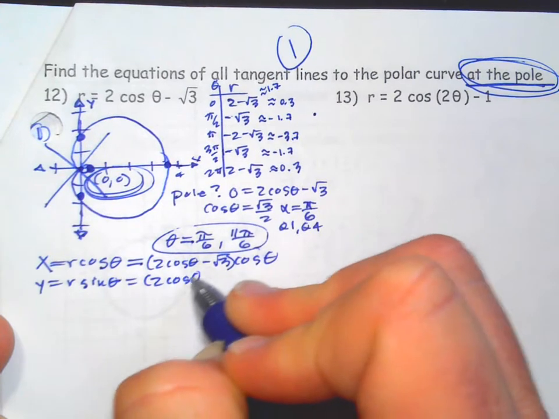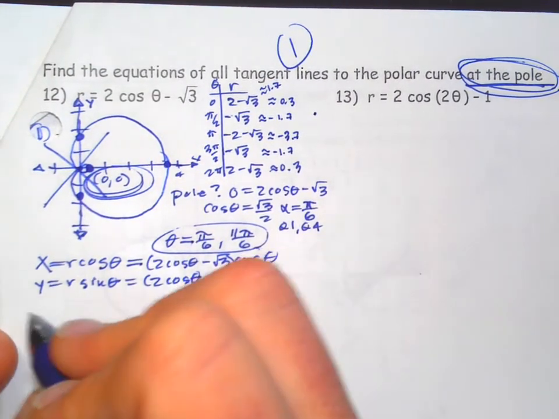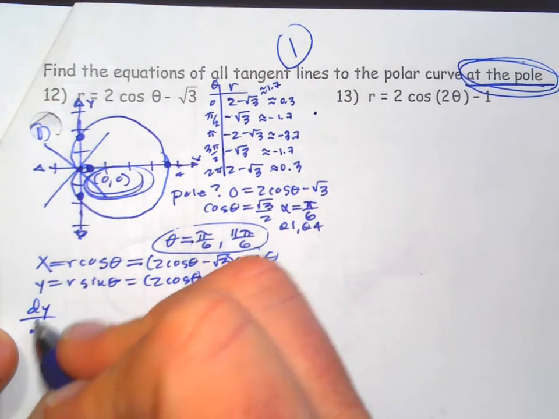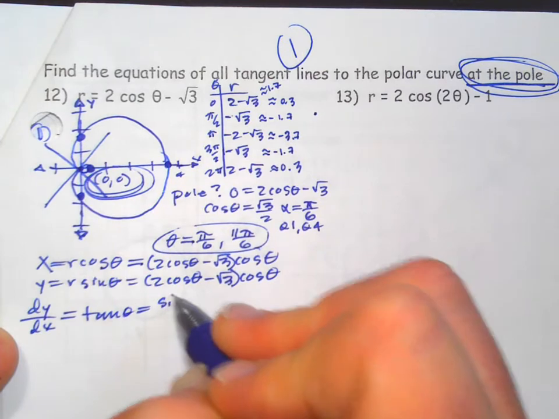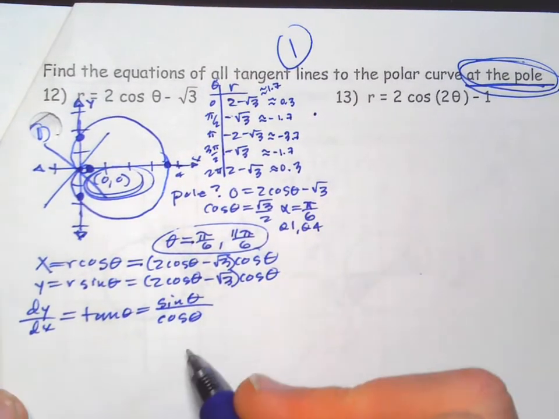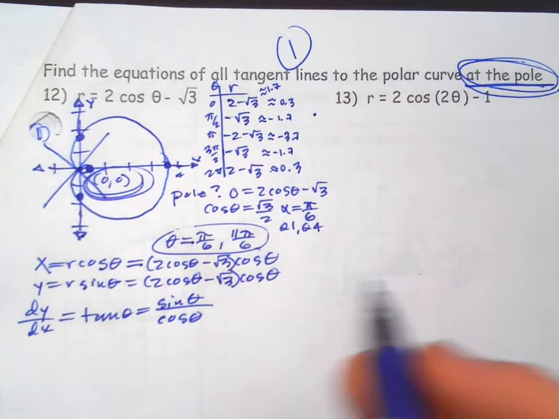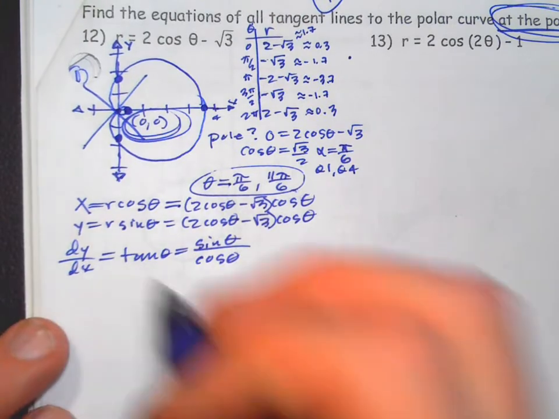This is where that shortcut's going to really pay off. So the slope at the pole, we said for dy/dx always ends up being tangent theta, sine over cosine. That's way quick, way easy. You can skip all this work. We already know it's at 0, 0, so we don't need the x, y equations for that reason either.